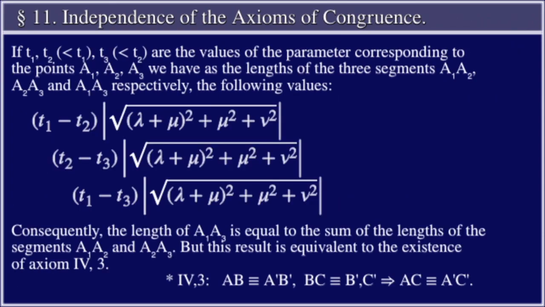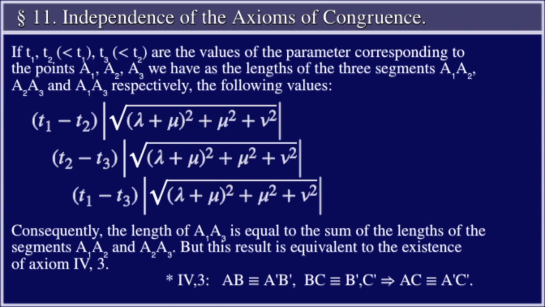If t sub 1, t sub 2, t sub 3, with t sub 1 less than t sub 2 less than t sub 3, are the values of the parameters corresponding to the points a sub 1, a sub 2, a sub 3, we have as the lengths of the three segments a sub 1, a sub 2, a sub 2, a sub 3, and a sub 1, a sub 3, respectively, the following values.